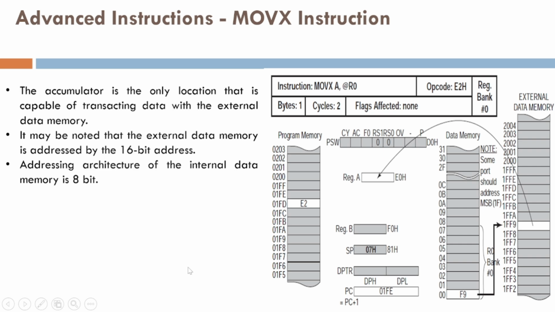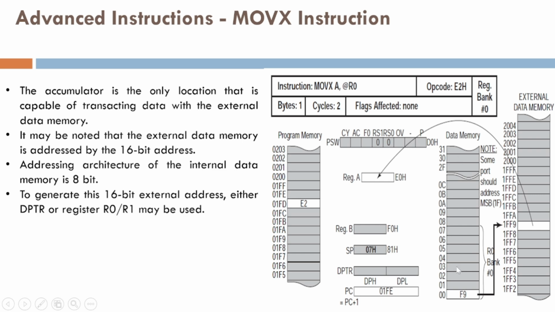The addressing architecture of internal data memory is 8-bit. I have already said that. To generate a 16-bit external address, as shown on the right hand side, we either have to use the help of R0 or R1, or the DPTR.